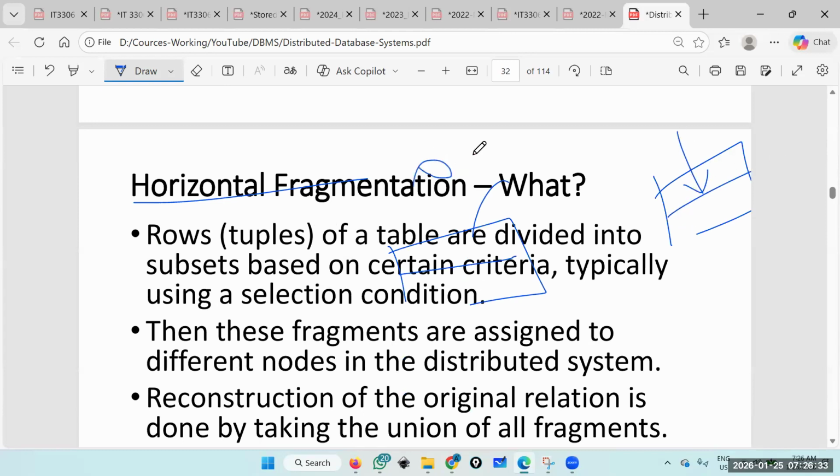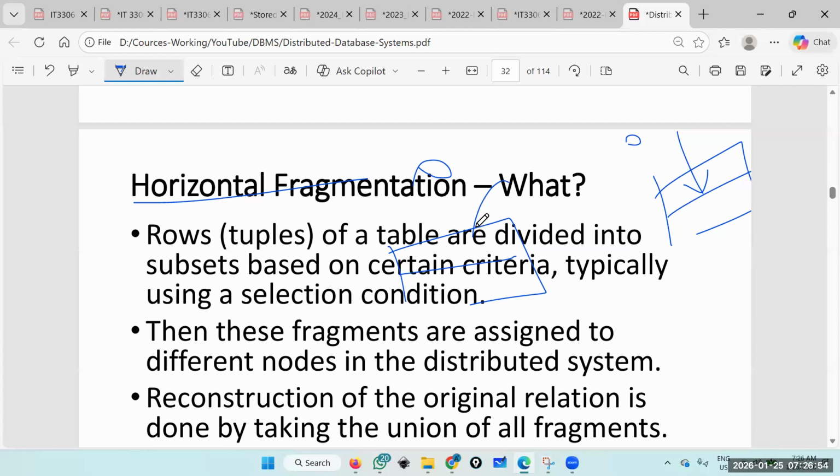Maybe these are two branches, X and Y. Branch X employees or customers data is in the X table. Branch Y customers data is in the Y table.